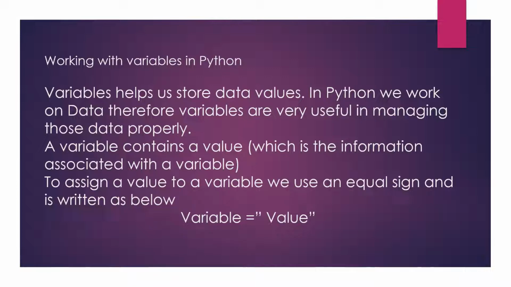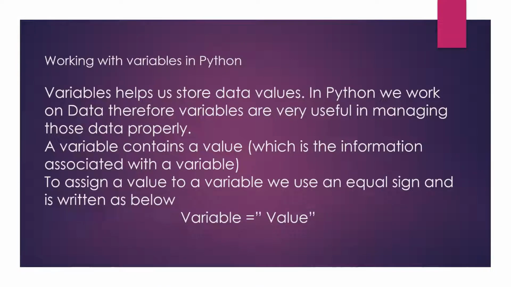For example, if a is equal to 2, then a is the variable and 2 is the information that is associated with a. So a variable contains a value, and that value is associated with that variable, and that value can also be a string.